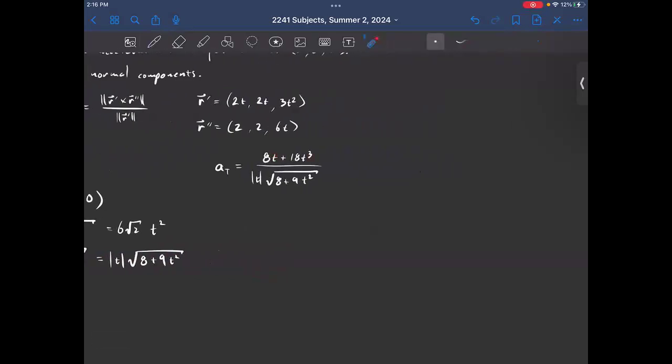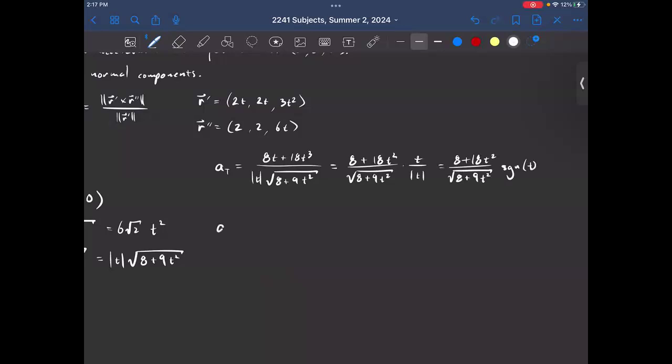If I factor out a t from the top and bottom, we have 8 plus 18t squared over square root of 8 plus 9t squared times t over the absolute value of t. And if you're not familiar with that, it turns out that when you divide a number by its absolute value, you just get the sign of the number. It's either 1, -1, or 0. And so we get the sign of t as our last factor there.